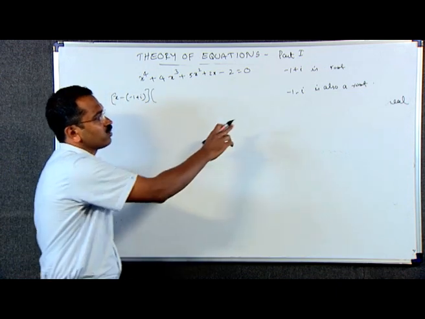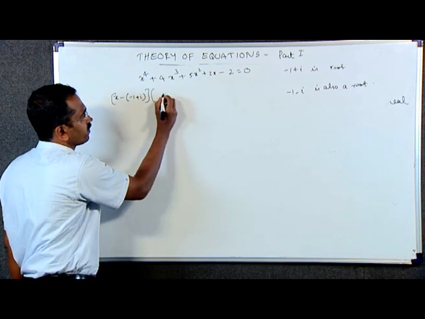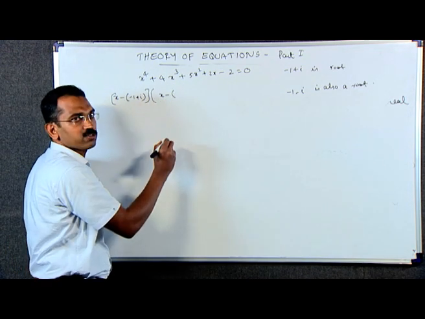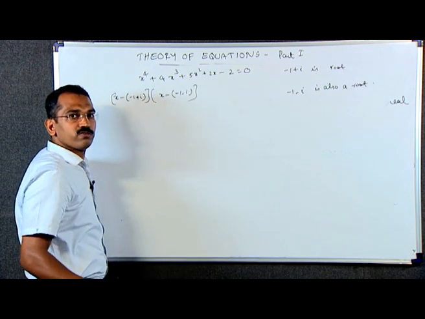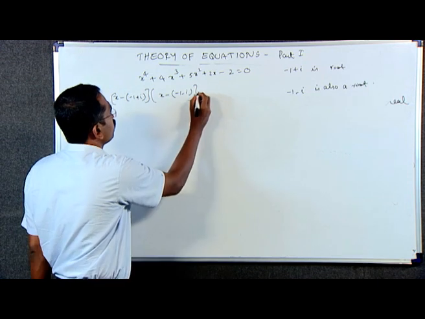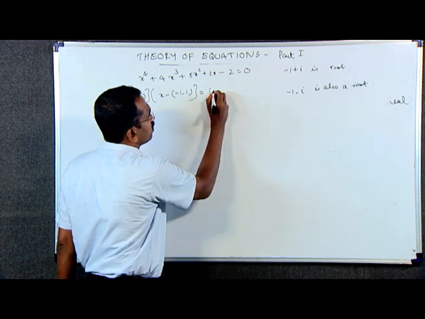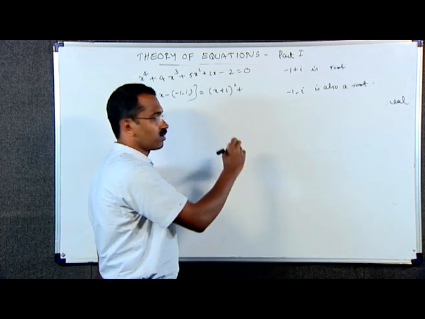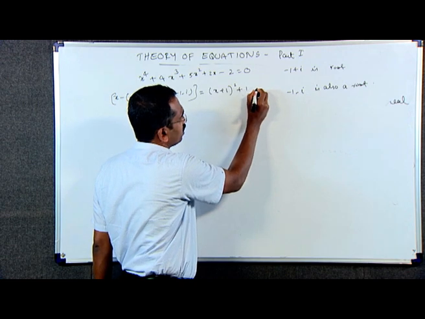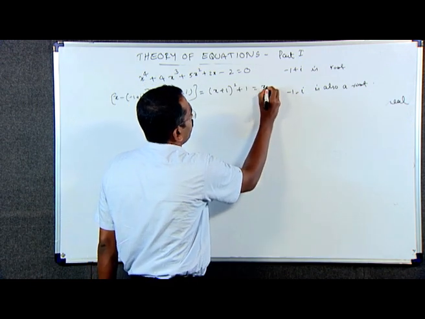Similarly, minus 1 minus i is again a root, means we can write the factor as x minus (minus 1 minus i). Product of these two factors is equal to, from here we can write (x plus 1) the whole square plus 1 square, that is 1, which is equal to x square plus 2x plus 2.